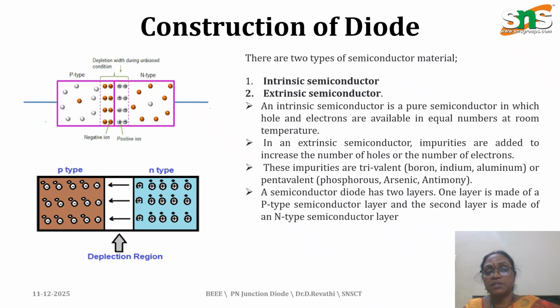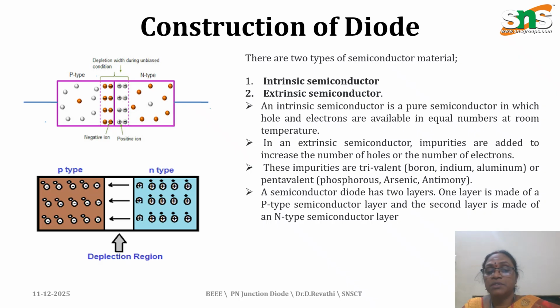The P-type has a large number of holes, which we call the majority carriers, and a few electrons, which are the minority carriers. Likewise, the N-type material has many electrons, the majority carriers, and some holes, the minority carriers.